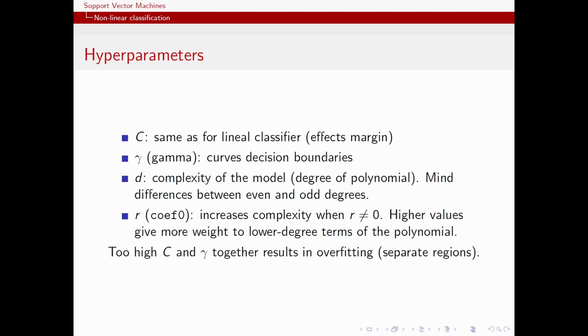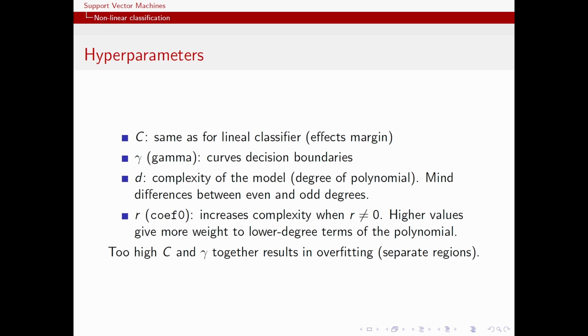Now let's look at the hyperparameters that we went over. Hyperparameter c, if you can remember, we already saw it in our linear classifier. So it affects the size of the margin. We saw it in our soft margin SVM, where we were talking about the c together with the slack variable zeta.